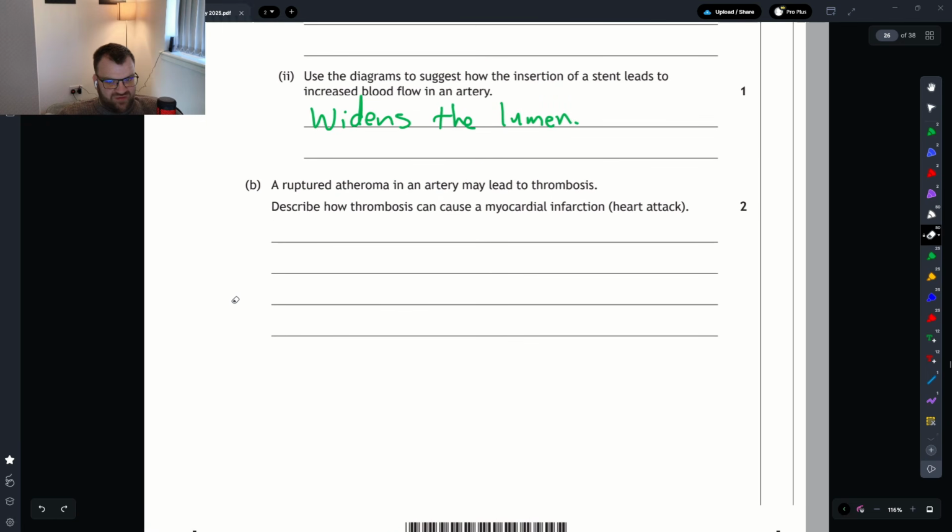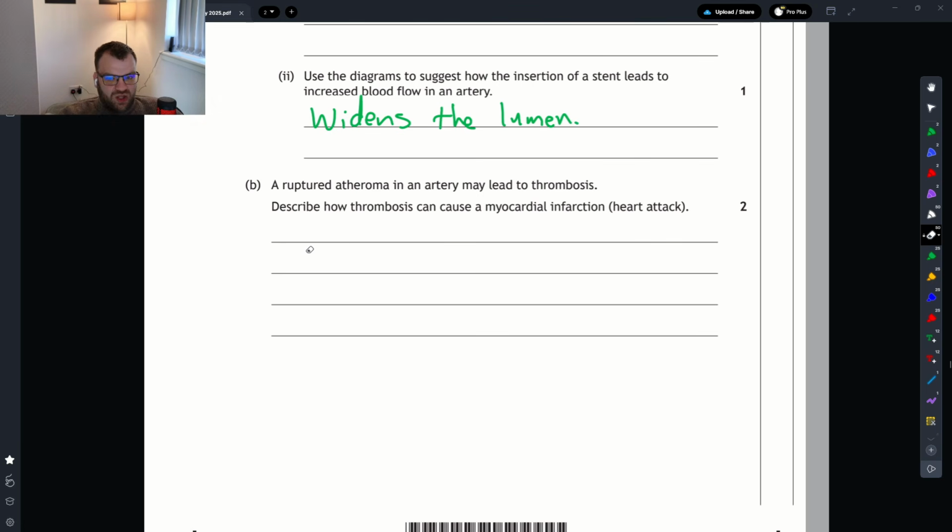And the next one we're asking about thrombosis and how it can cause a heart attack. We're not talking about making the clot. Making the clot is when it ruptures the endothelium, clotting factors come, prothrombin to thrombin, fibrinogen to fibrin. Fibrin forms a mesh network that clots the wound.